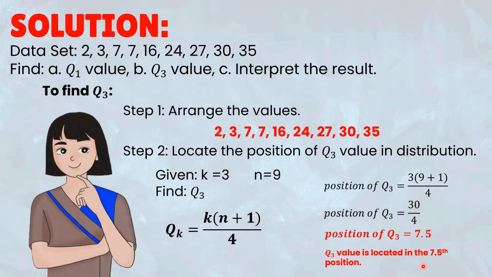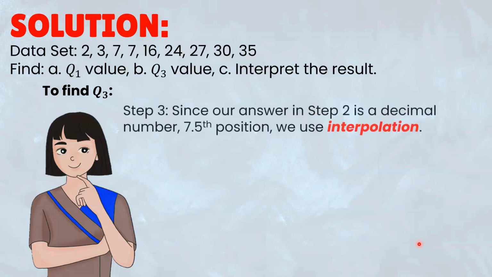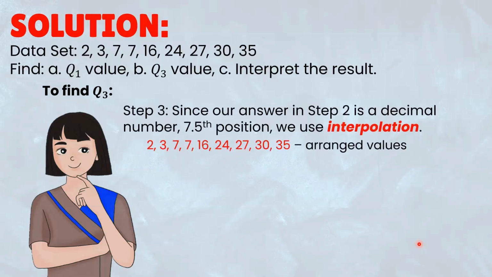Okay, so since our answer after using the formula is a decimal number, 7.5, we have to proceed to step 3, which is interpolation. To perform the interpolation process, we first locate the 7.5th position.